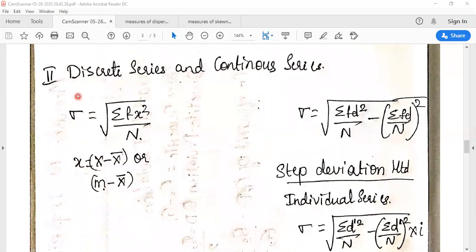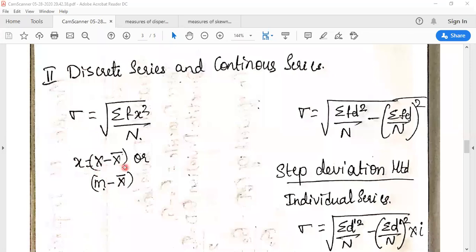Okay, so let us see here. First, for discrete series and continuous series, if it is the actual mean method, how are you supposed to do it? In the actual mean method, the formula will be square root of summation fx square by n. Again, this is a small x, which means you are supposed to take the deviations.